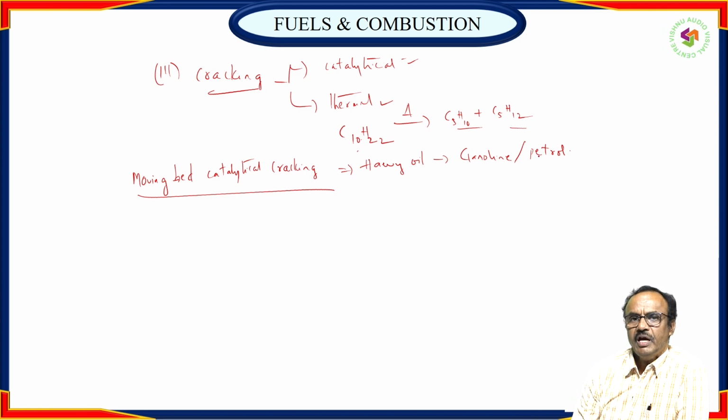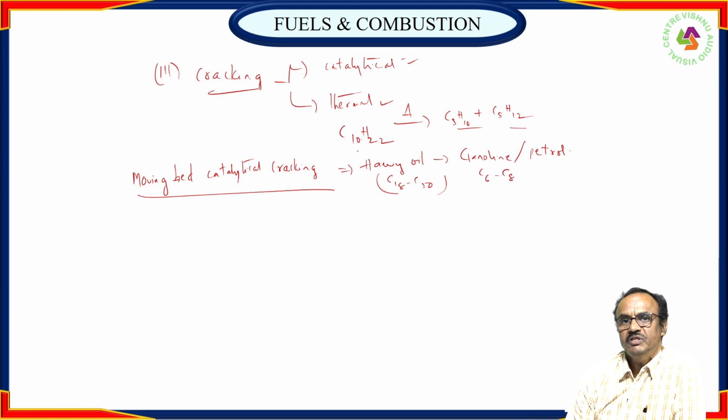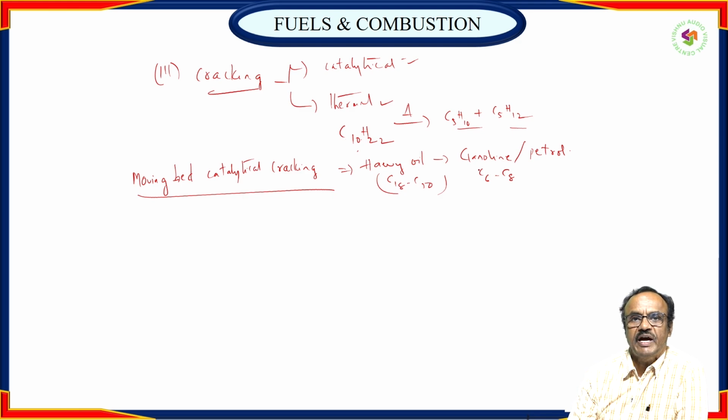Even heavy oil composed of C8 to C30 is broken into smaller fractions, C6 to C8, maybe hexene, heptene, octane, like that, right? So here the chain length of heavy oil is up to C30.